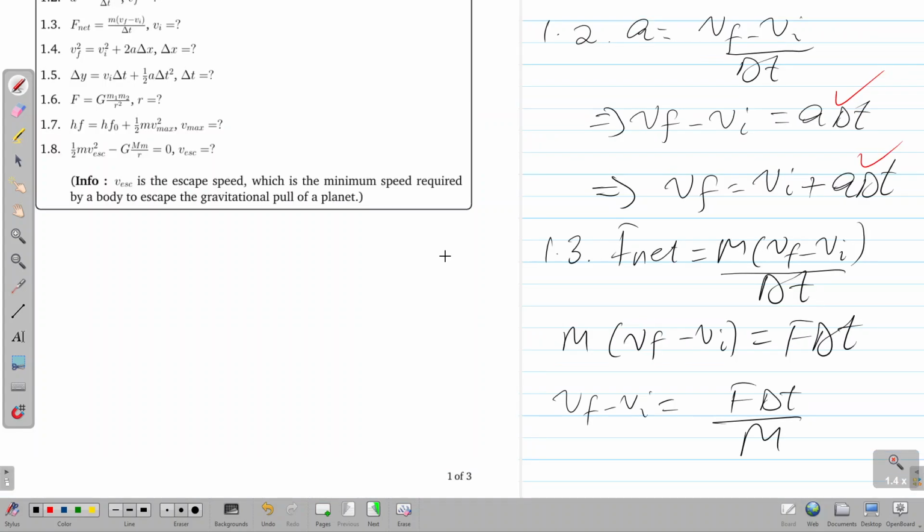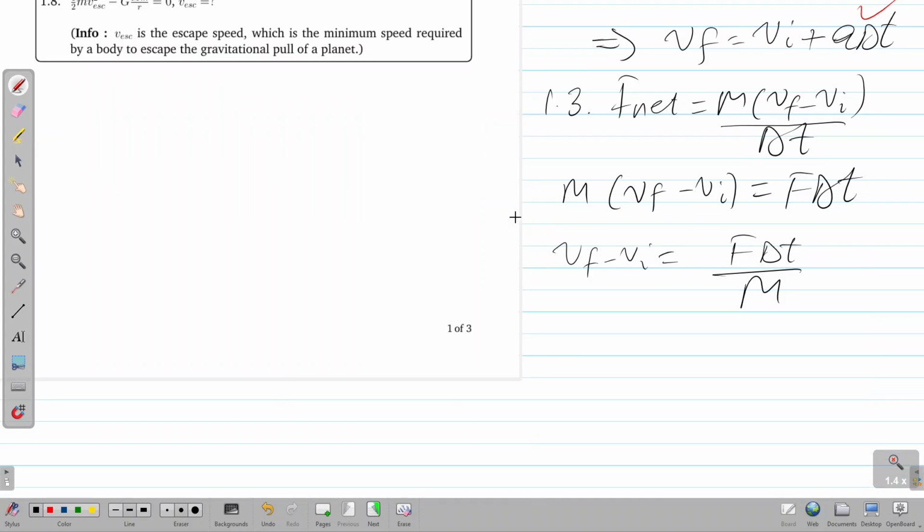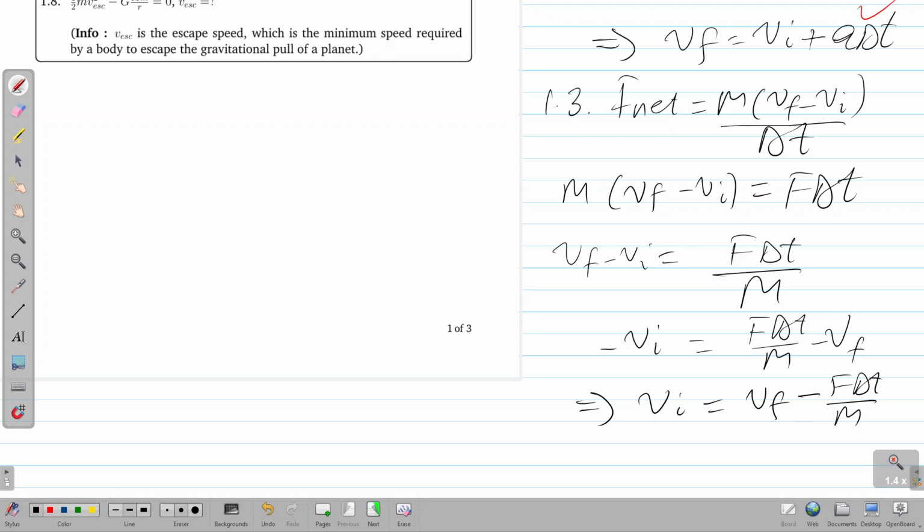Then v initial. So then I have minus v initial is equal to F delta t over mass minus v final, which means that v initial is equal to v final minus F delta t divided by mass.